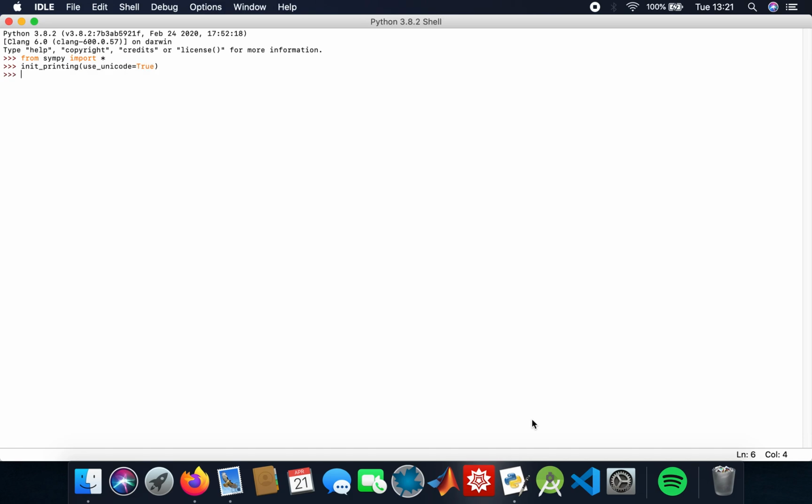Right. So my matrices are going to be as follows. I'll assign matrix A as follows. My matrix B will be as follows as well.